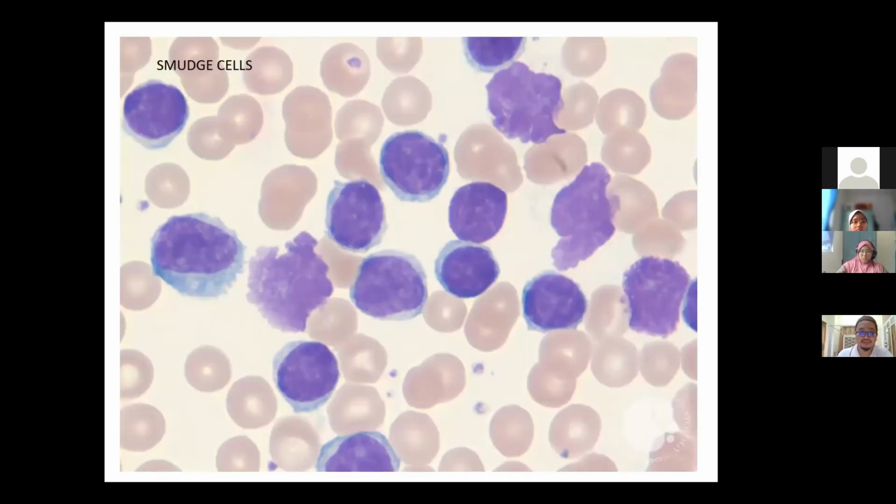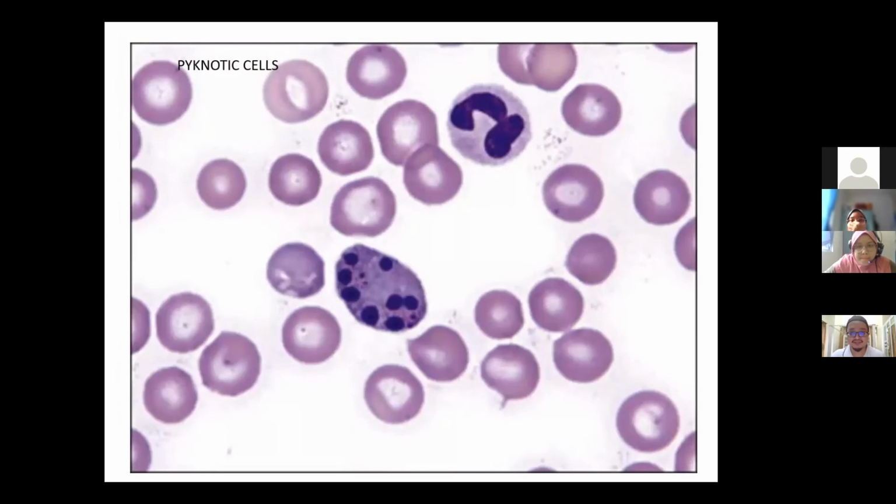Okay, smudge cells. Okay, you can see here smudge cells. Dia macam apa panggil? Splash. Okay. Pyknotic cells. Here you got one pyknotic cell. Yeah. Sorry, bukan untuk yang ni. Here, pyknotic cells. Yeah. So you see the nucleus is supposed to be one clump, satu area lah yang integral, ya, yang intact.